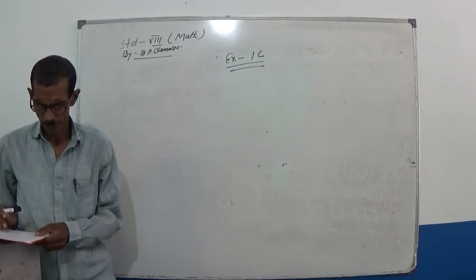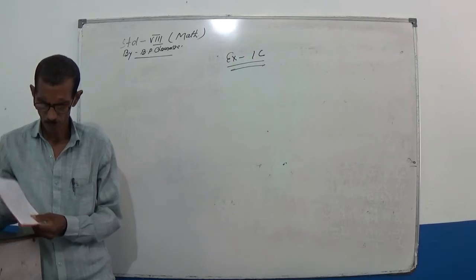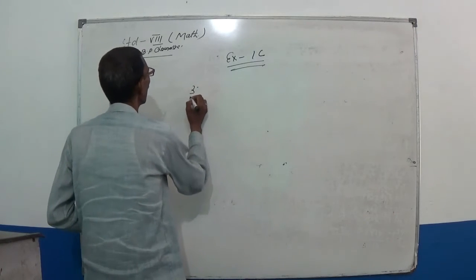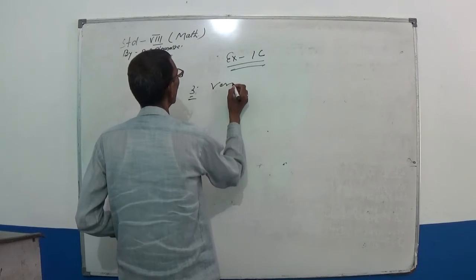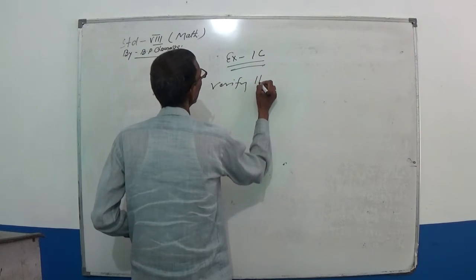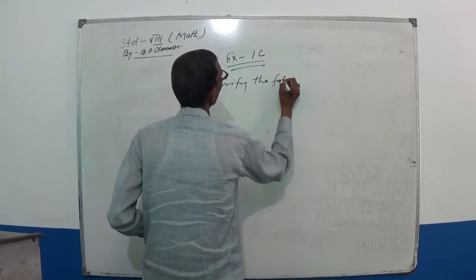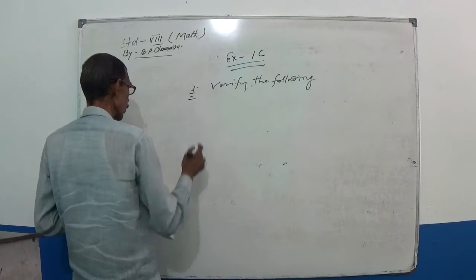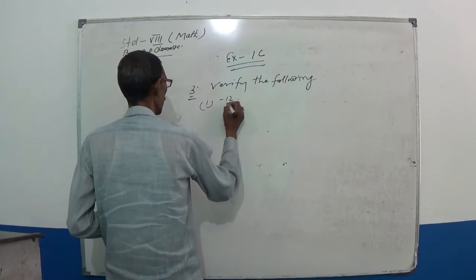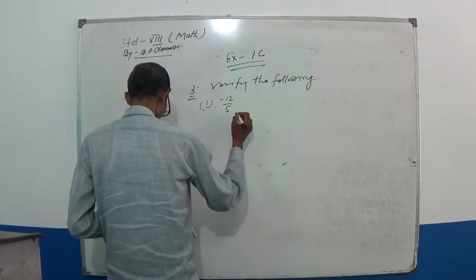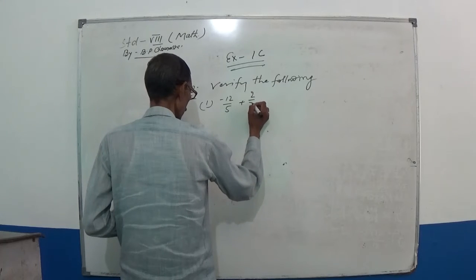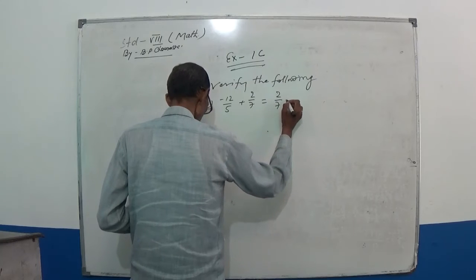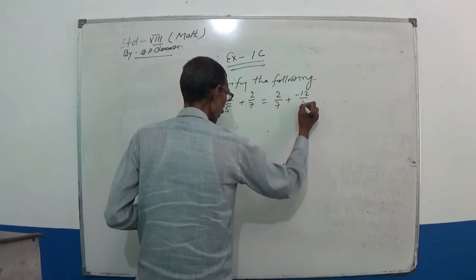Verify the following: minus 12 by 5 plus 2 by 7 is equal to 2 by 7 plus minus 12 by 5.